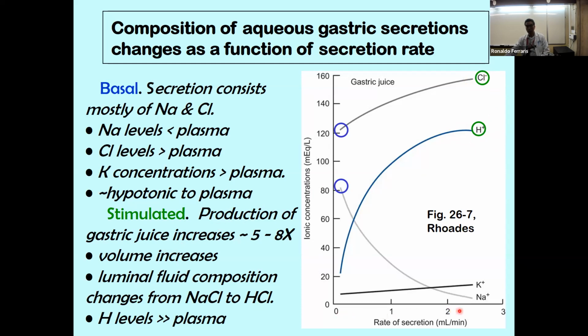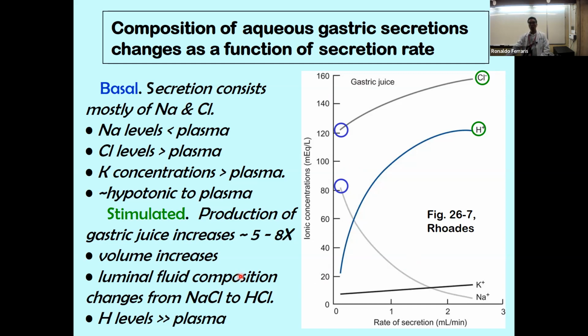So the flow rate increases. When the flow rate increases, the composition of gastric juice, just like the composition of salivary secretions, changes. That is a constant, that is a paradigm. That's the life of GI physiology. When flow rates are changing, the composition of the secretions also changes.